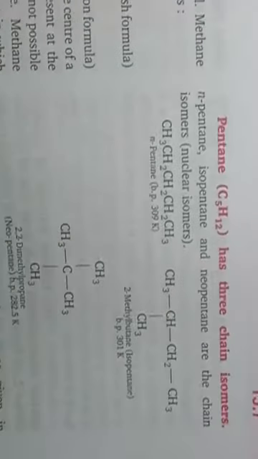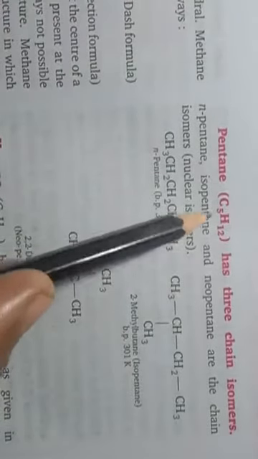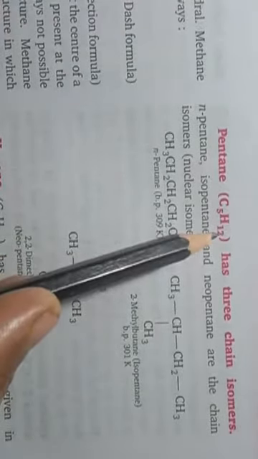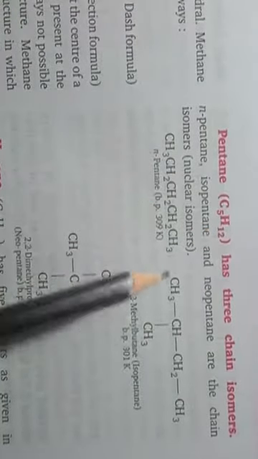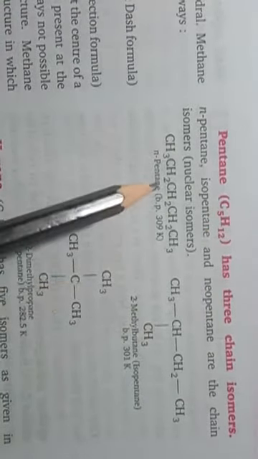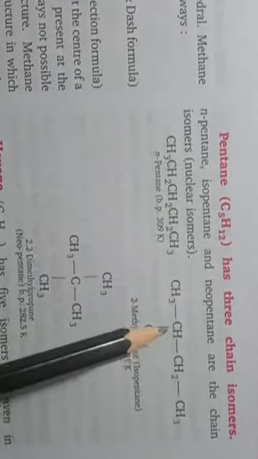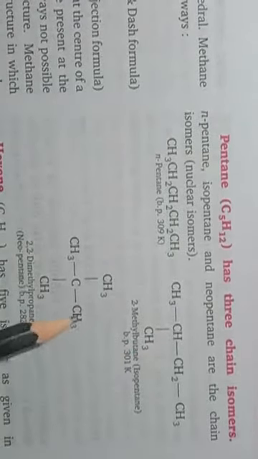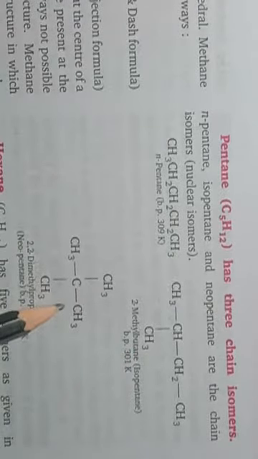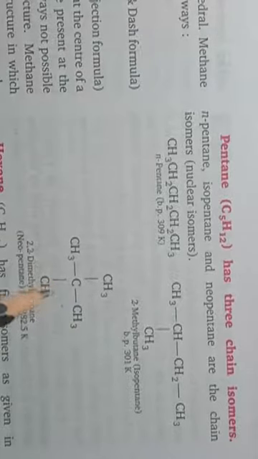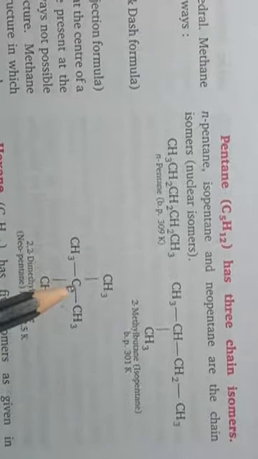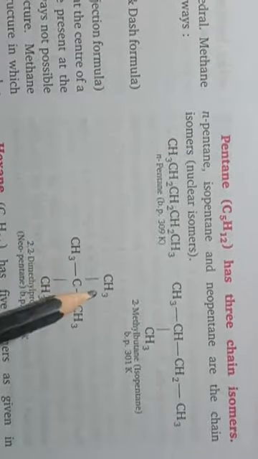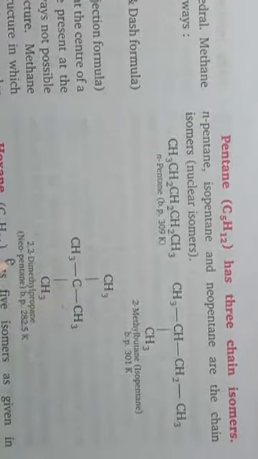The next example we can take is that of C5H12. This molecular formula shows 3 chain isomers. First is normal pentane, second is isopentane, and last is neopentane. In neopentane, or in a neo structure, one particular carbon atom has 2 side chains attached to it.